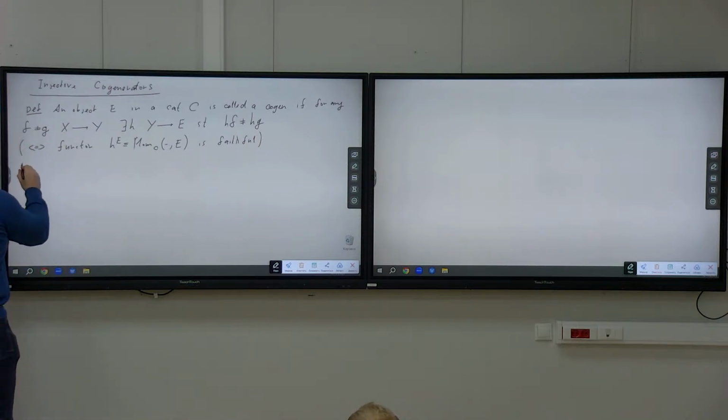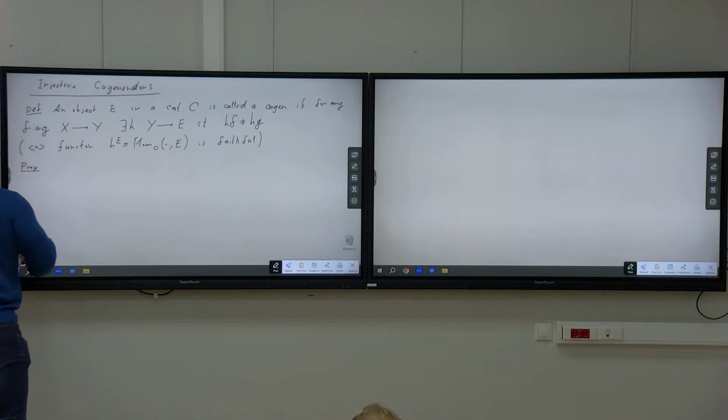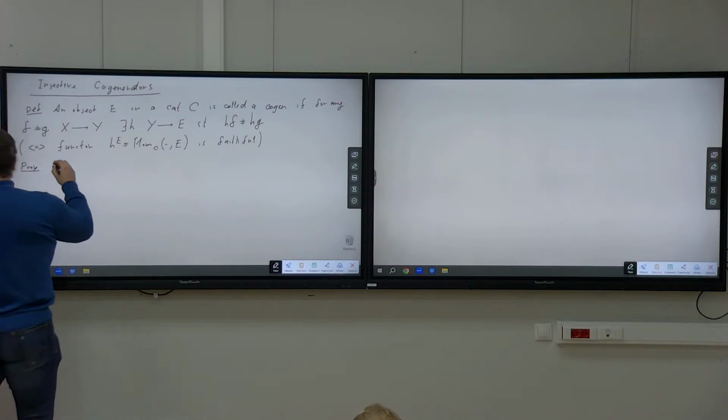So, proposition, again quite general. I'm not going to prove this. You can find this in any good category theory book that covers a little bit more than just some very basic material.